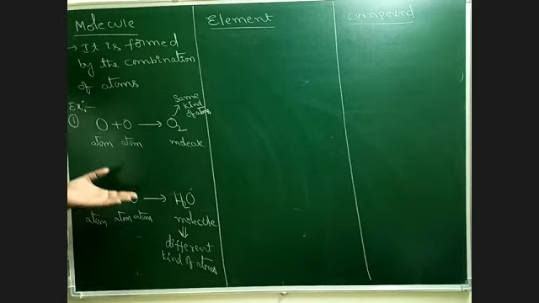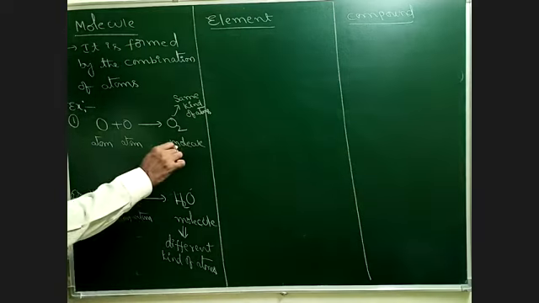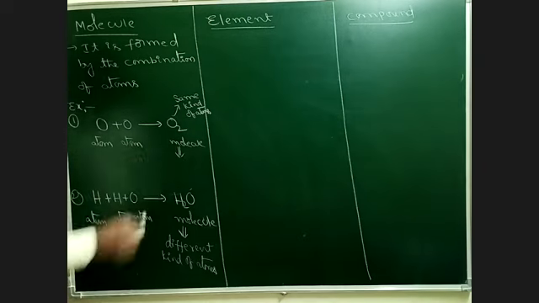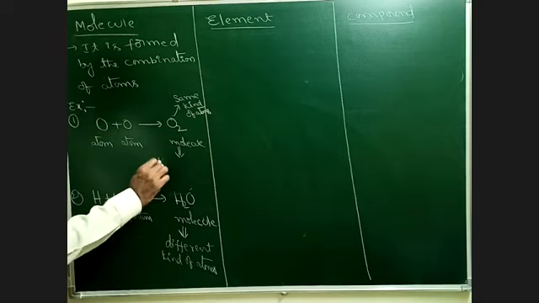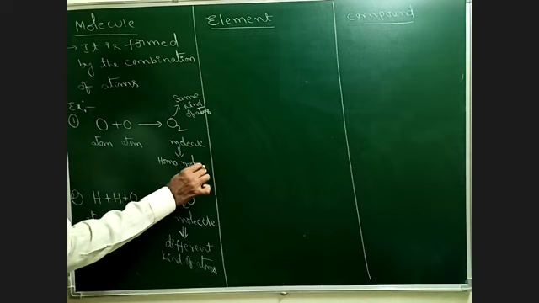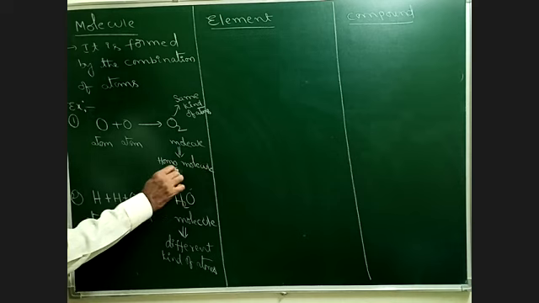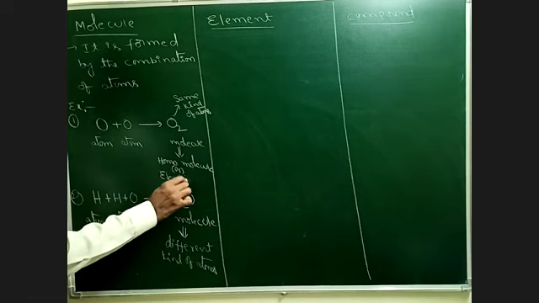So a molecule is formed by the combination of atoms. The molecule can be formed by the combination of the same kind of atoms or different kinds of atoms. If it is formed by the same kind of atoms, then the molecule is said to be a homo molecule, or elemental molecule.